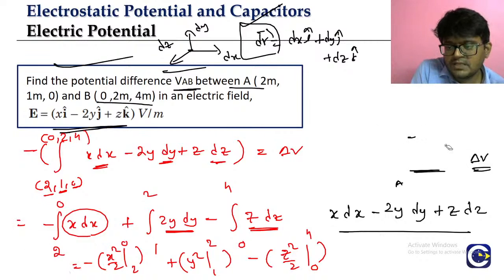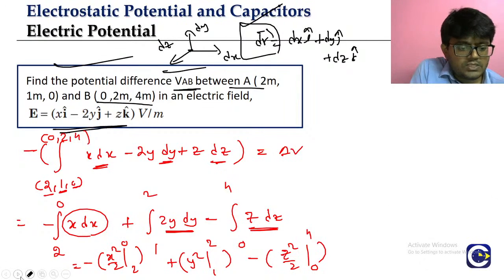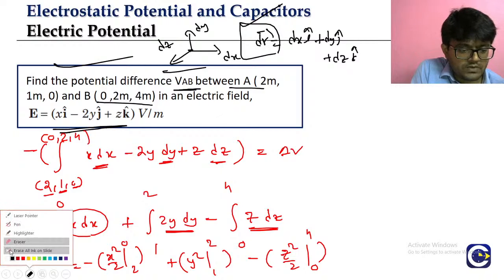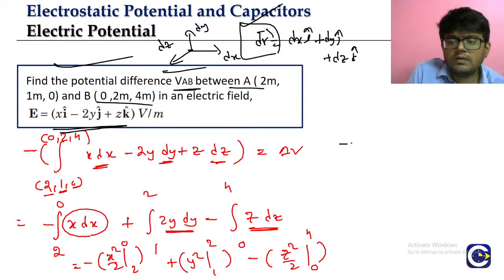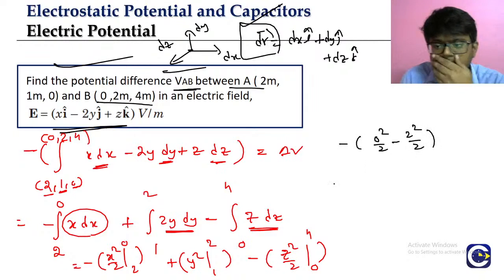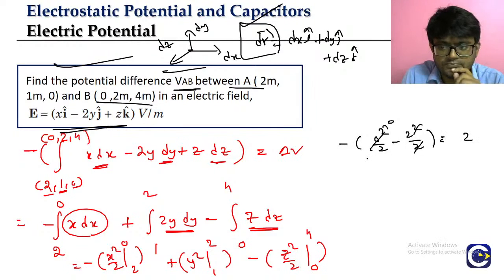Look, the first term has a minus, and we substitute the limits in x square by 2. Final limit is 0, so minus 0 square by 2 minus 2 square by 2. Okay, 0 square means 0 only, 2 square is 4, right? The 2 will get cancelled, and minus into minus becomes plus.